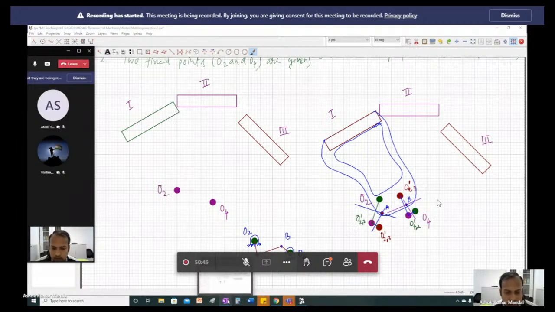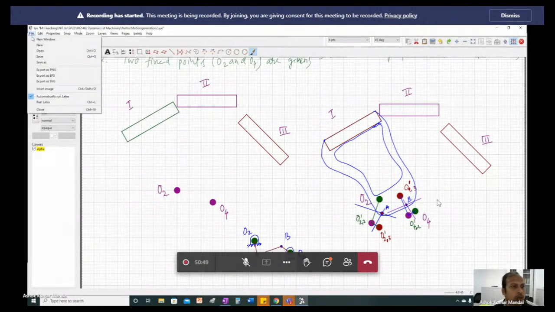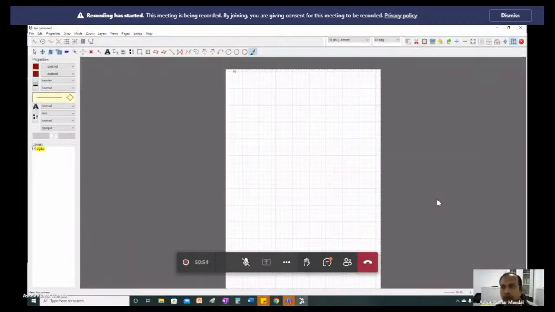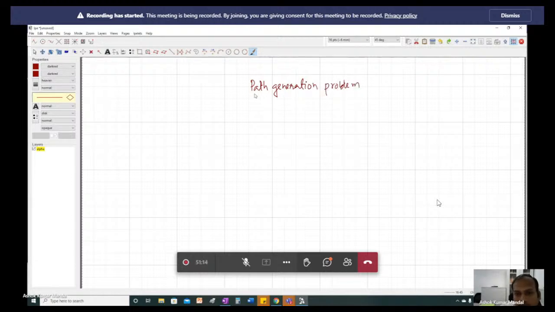The next type of problem we are going to solve is a path generation problem. So what is a path generation problem?